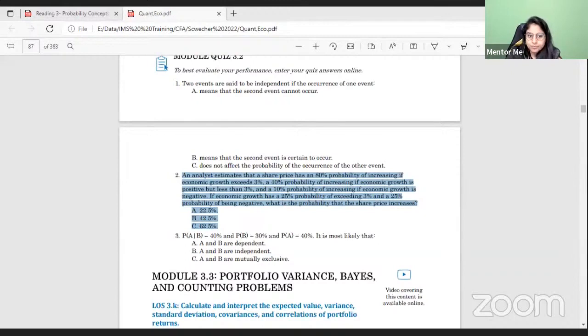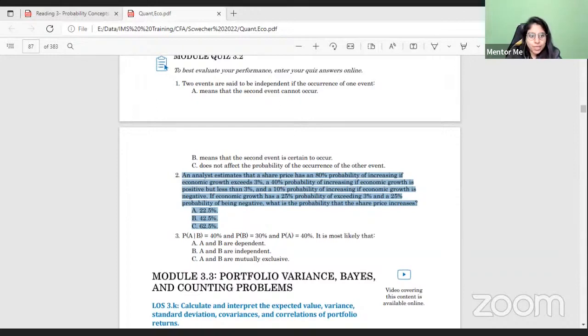Now, if the economic growth is greater than 3%, there is a 40% probability of the share price going up. If it's less than 3%, the probability of the share price going up is 10%.